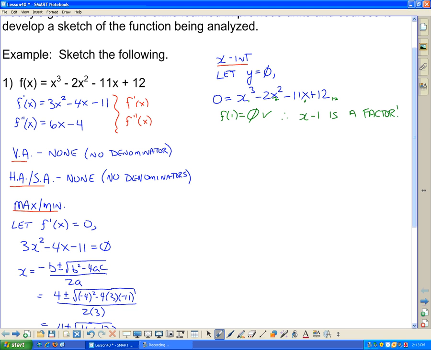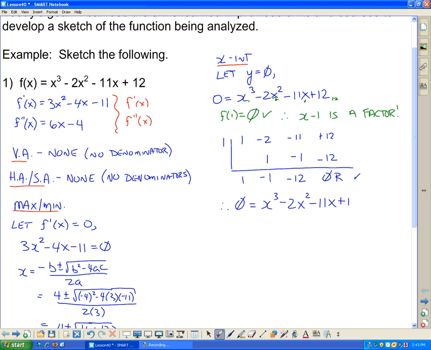So we're using our factor theorem. What does that mean? It now means that when I go to my long division or synthetic division, I can reduce this down a little bit more. So we're adding here. -2 plus 1 is -1. That's -12. That's 0 remainder. So it means I did it right. So therefore, 0 equals x cubed minus 2x squared minus 11x plus 12.